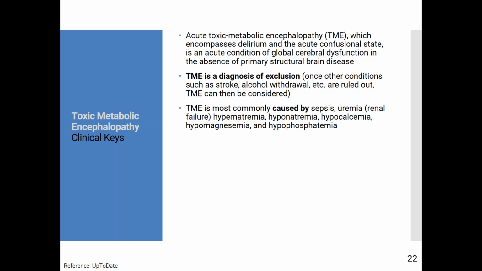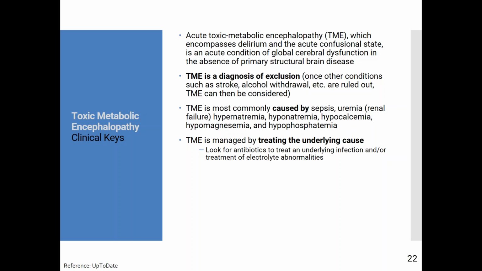The most common causes of TME are sepsis, uremia, renal failure, hypernatremia, hyponatremia, hypocalcemia, hypomagnesemia, which this patient had, and hypophosphatemia. So the way to treat TME is to treat the underlying cause. So in this case, the electrolytes were corrected and the infection was treated. So this particular patient could potentially have had TME.